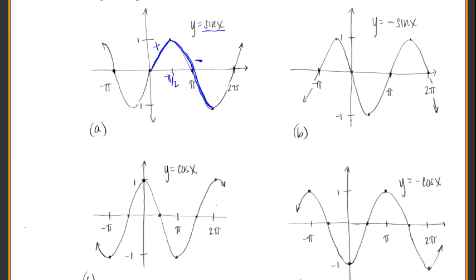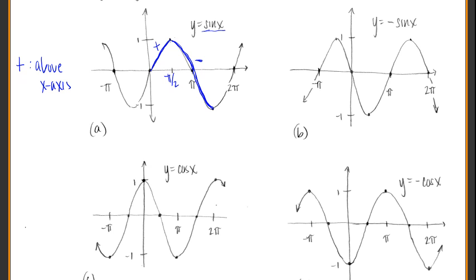So I want to look at one of these other four graphs right here. Do you recognize a graph that would represent, from 0 to pi over 2, being above the x-axis? In other words, when the slope is positive, I'm above the x-axis. So anytime my graph is increasing, my slope is positive, meaning I need to be above the x-axis.